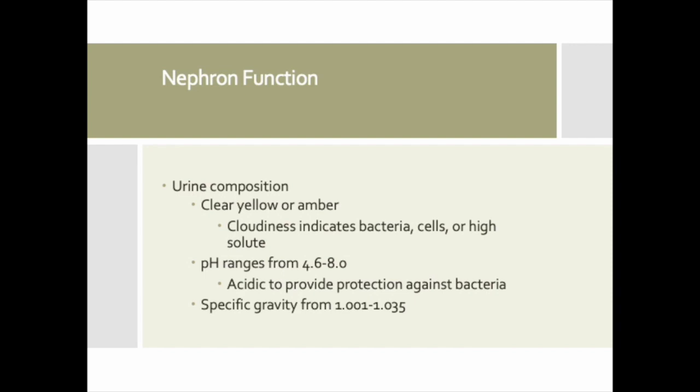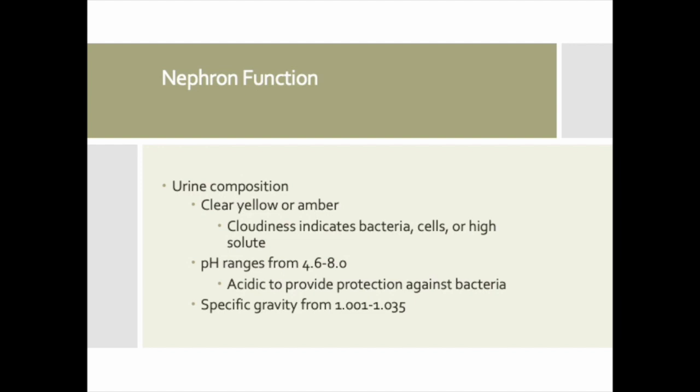Normally, the pH of urine is going to range from 4.6 to 8. However, generally, urine is normally acidic. Why would we want acidic urine? Acidity provides protection against bacteria.